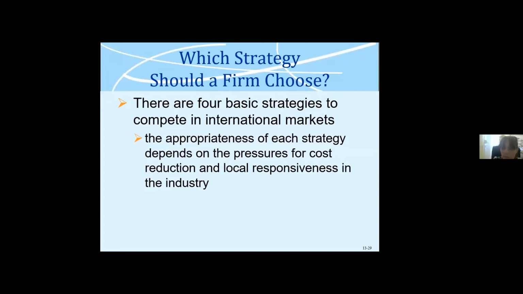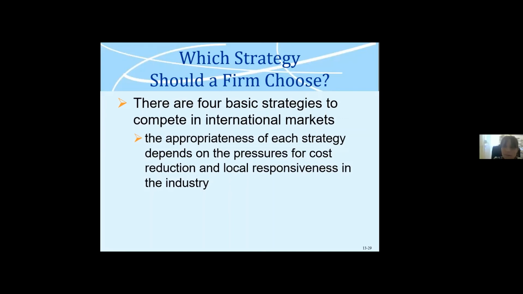It may not be possible to serve the global marketplace from a single low-cost location, producing a globally standardized product and marketing it worldwide to obtain the cost reduction associated with experience effects, and the need to customize the product offering to local conditions may work against the implementation of such a strategy.